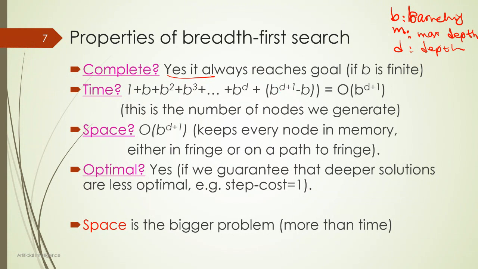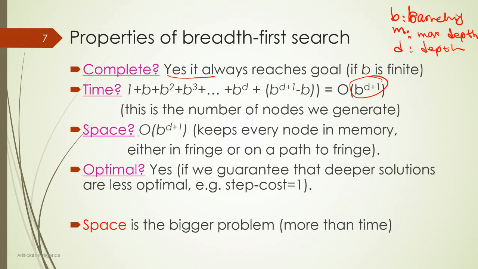So with the number of branches, it's in the order of b, the number of branches, to the power of depth, which is large. This number of nodes will be regenerated.